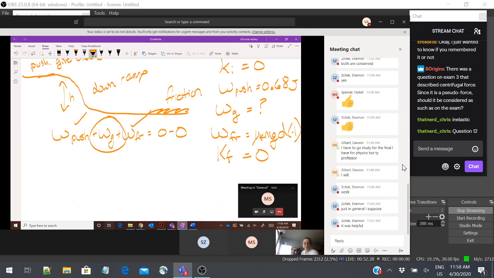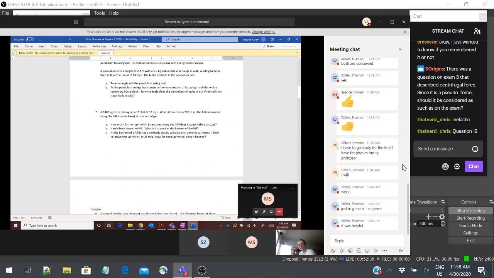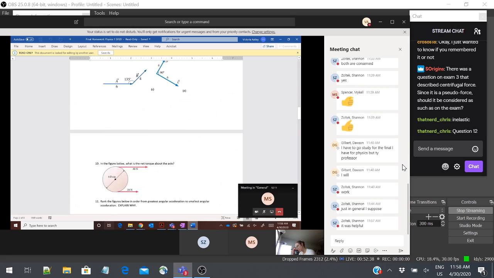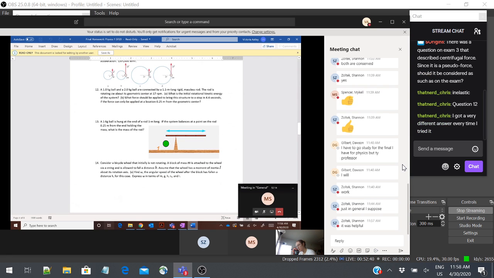Question 12. Question 12 from anything in particular? From the homework? Presuming this is the homework. So Shannon asked about the hardest problems. I would say to look at the torque questions on the homework because that's new.